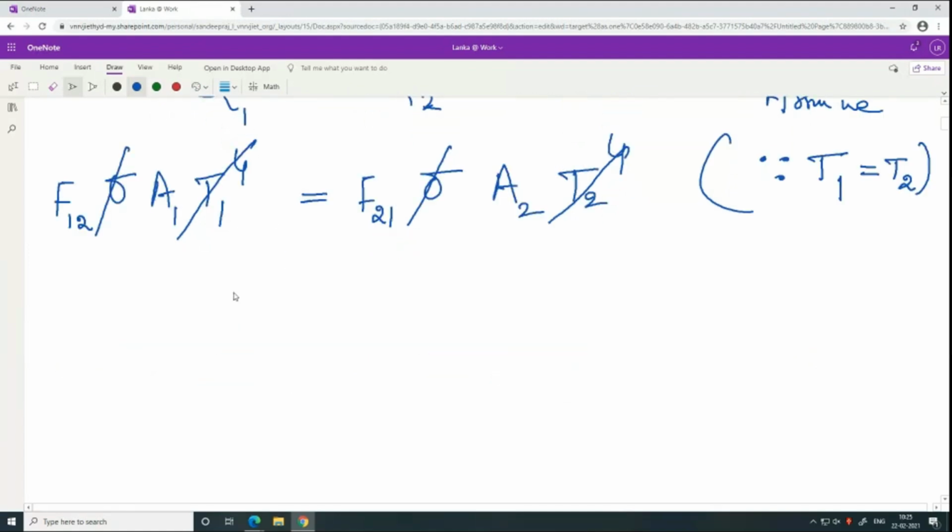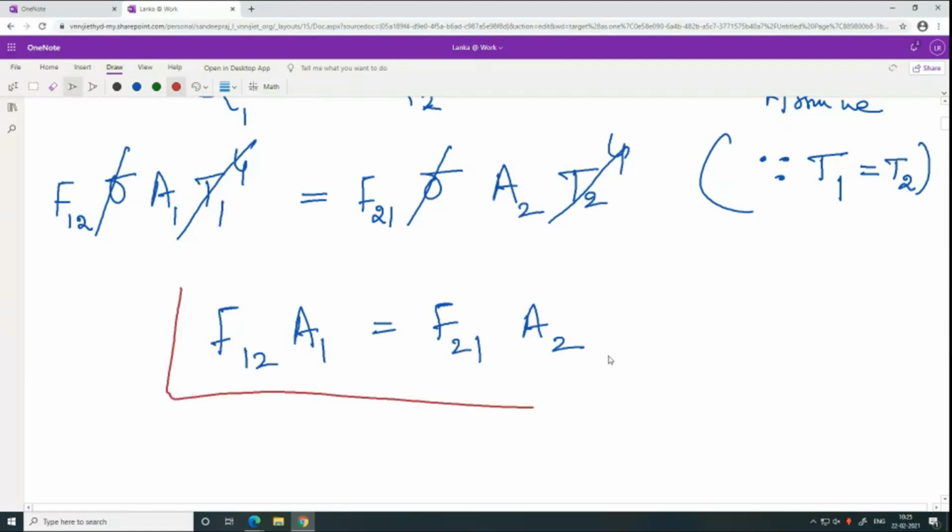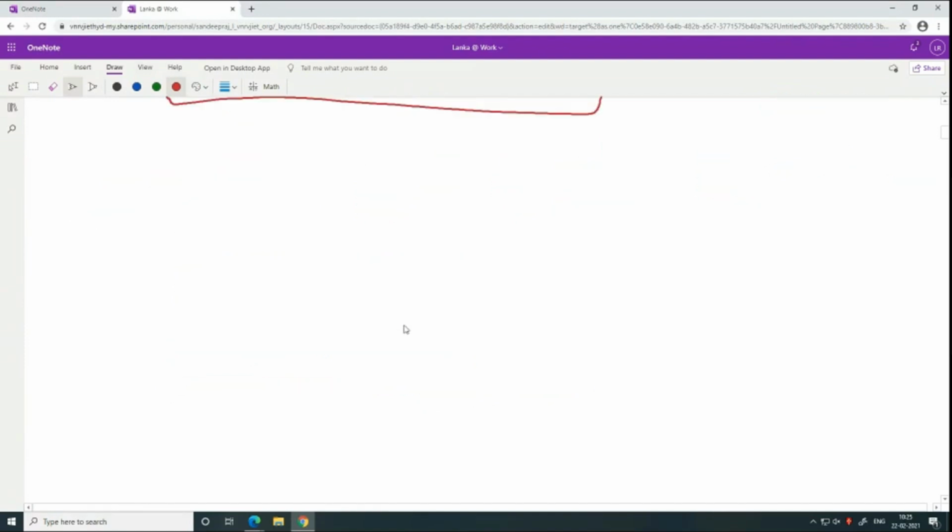Then I will get the expression for the reciprocity theorem: F12 A1 is equal to F21 A2. This is the reciprocity theorem. This is very important while solving problems based on the shape factor. I hope that is clear to you.